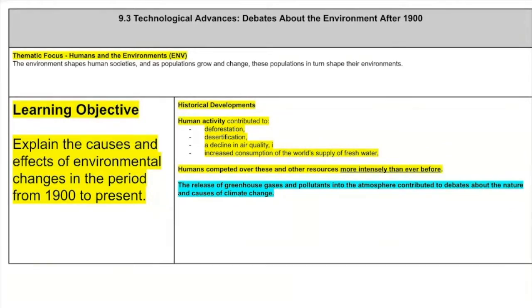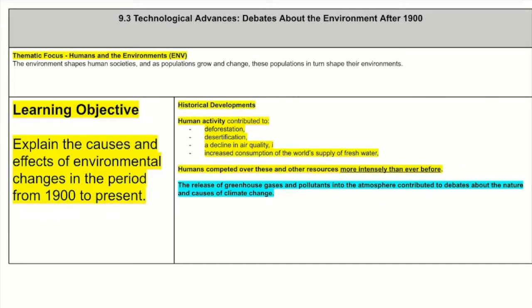Zooming in more specifically, we're talking about these historical developments in which human activity contributed to deforestation, desertification, a decline in air quality, increased consumption of the world's supply of fresh water, which has led to conflict.